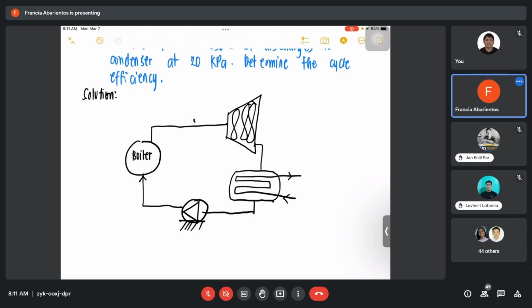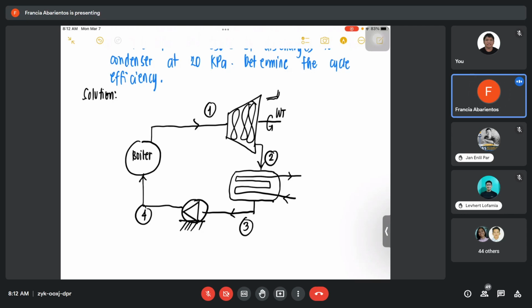From point 1, 2, 3, 4. Sa turbina, we have the work.